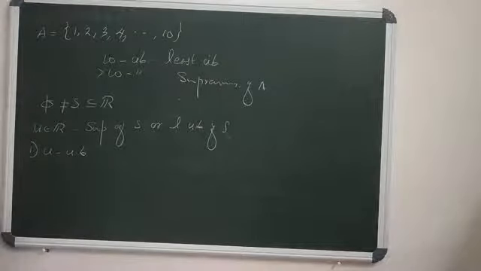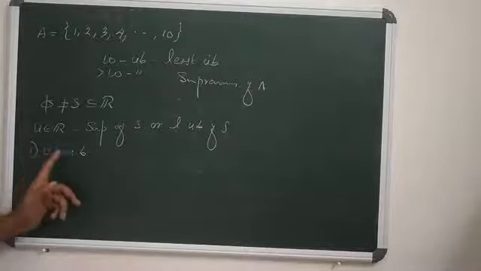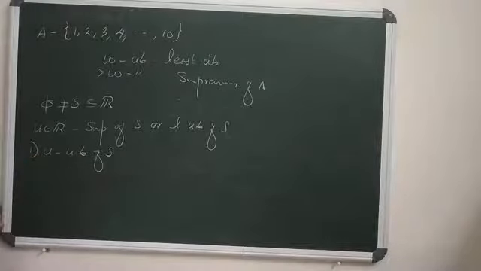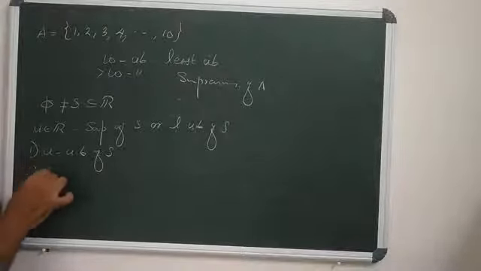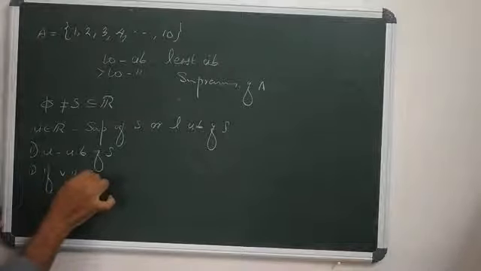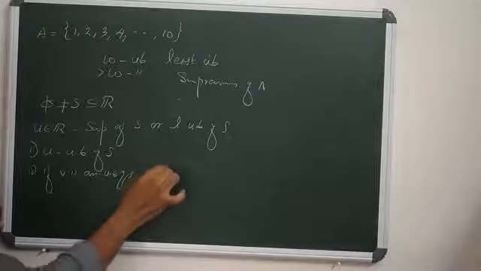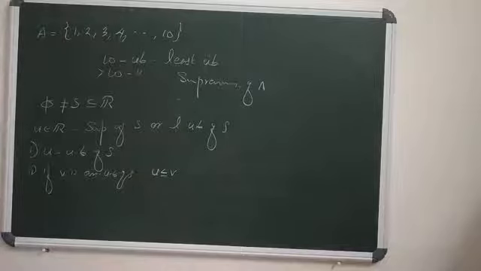U is a supremum of S, for any non-empty subset S of R, only when U is an upper bound of S and no number less than U is an upper bound of S. That means if V is an upper bound of S, then U is less than or equal to V. So no number less than U is an upper bound. Thus this U is said to be the supremum.